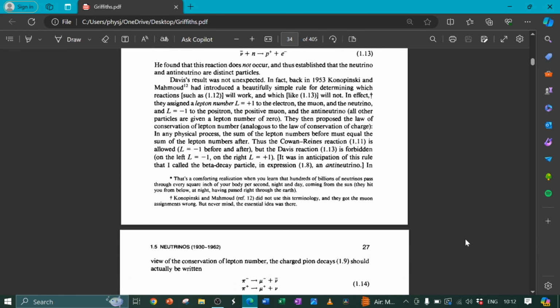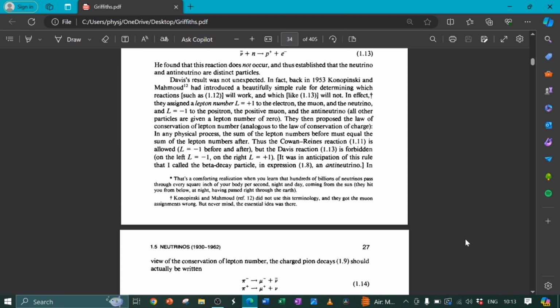Davis's result was not unexpected. In fact, back in 1953, Konopinski and Mahmoud had introduced a beautifully simple rule for determining which reactions, such as 1.12, will work and which, like 1.13, will not.